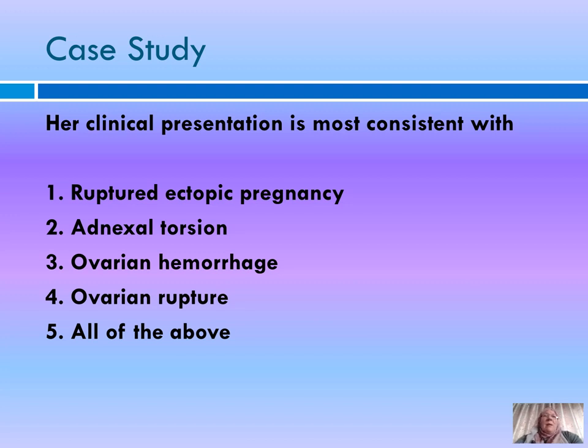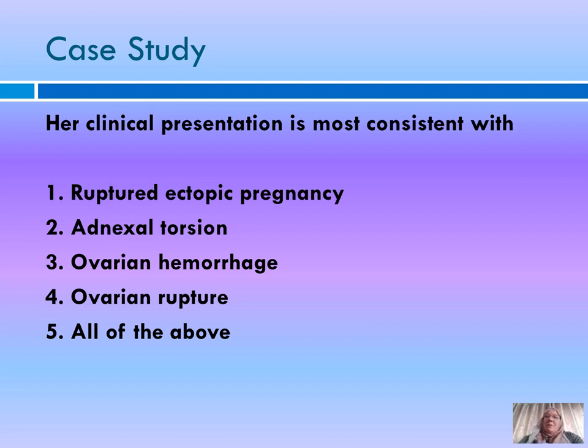What is the possible diagnosis of this case, just with this information? So, I put to you a question. Is her presentation most consistent with ruptured ectopic pregnancy, adnexal torsion, ovarian hemorrhage, ovarian cyst, or all of the above?